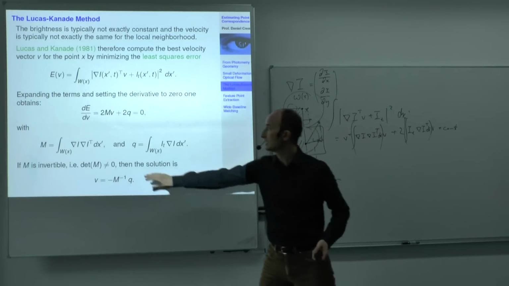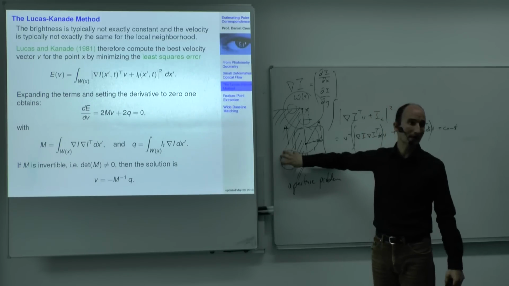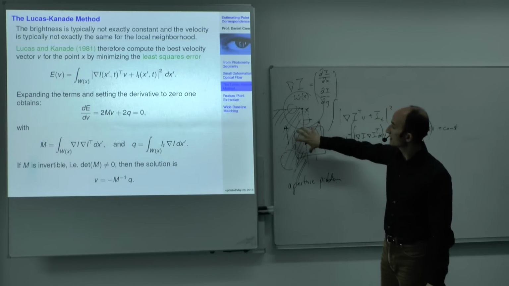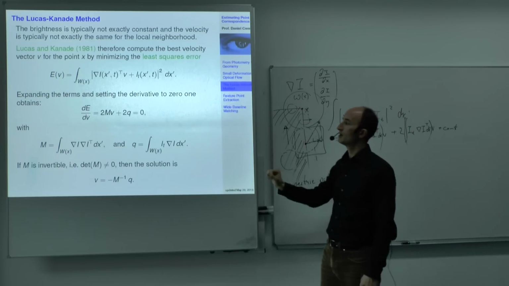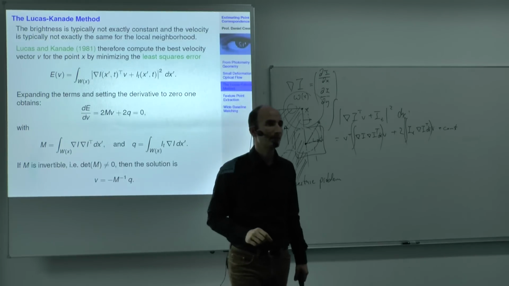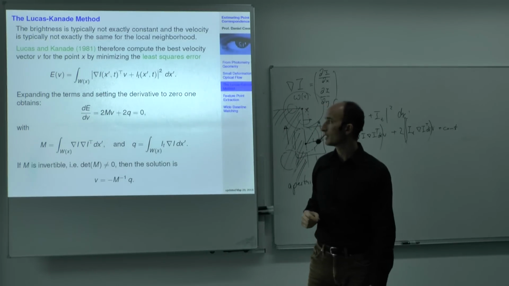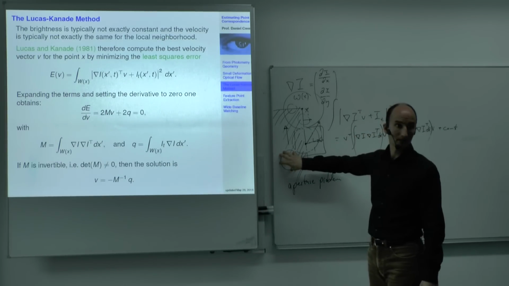And so you see all of these three cases, the case that I'm looking at the constant brightness area, the case that I'm looking at an edge, and the case that I'm looking at the corner, they are all captured in the structure of that matrix M. The question is, is M exactly zero, as here?